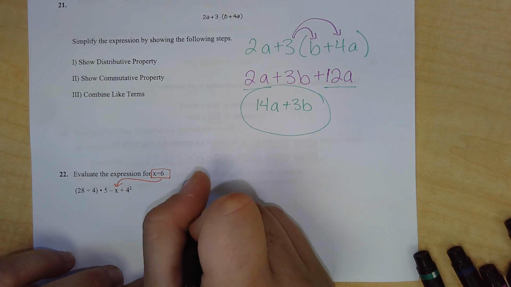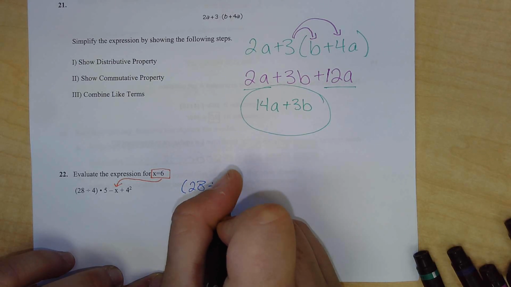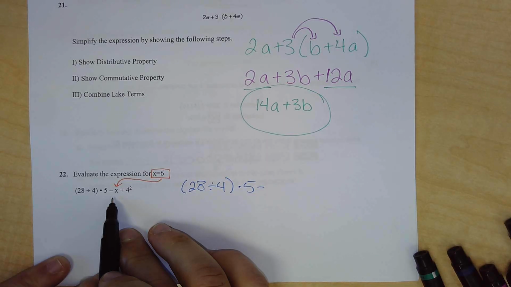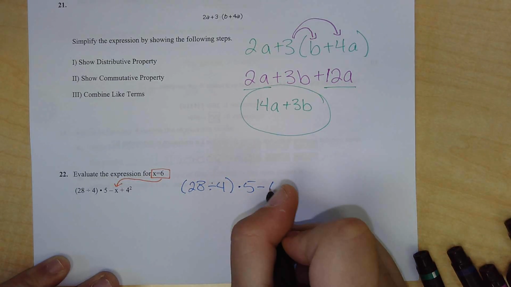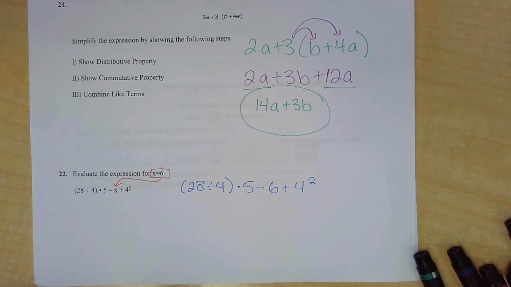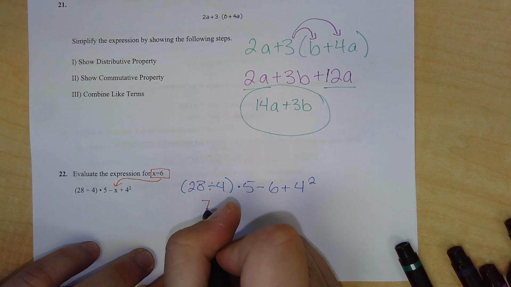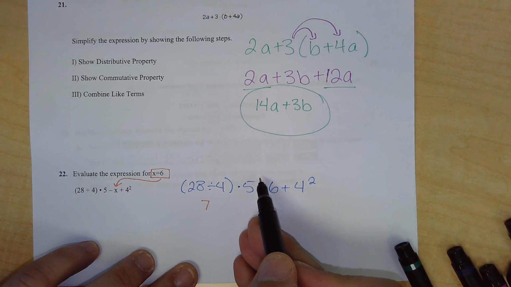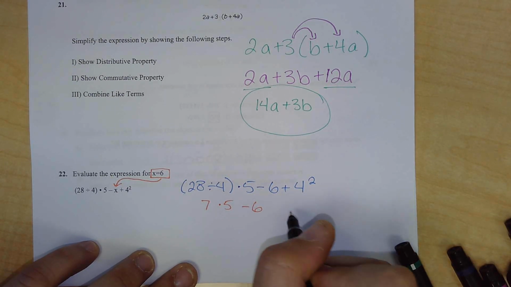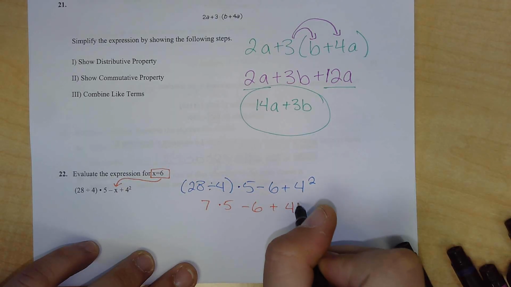I'm going to rewrite my expression. Remember, not minus x, minus 6 plus 4 squared. Now, let's get to solving. Parentheses first. 28 divided by 4 is 7. And then I drop everything else. Times 5 minus 6 plus 4 squared.